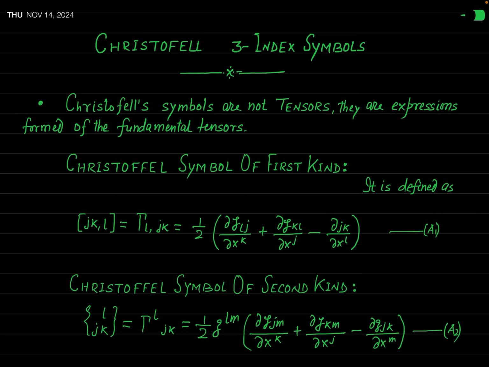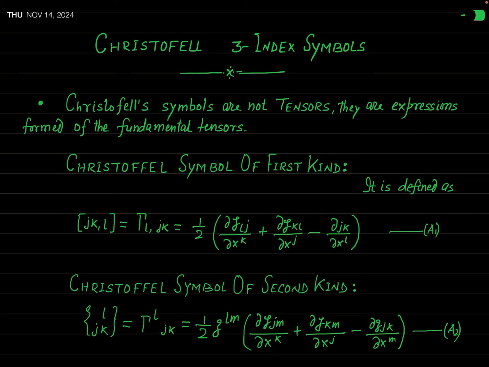But we need some more tensors for the study of general relativity. Some specific tensors like Christoffel symbol, like the idea of geodesic, the concept of Ricci tensor, Einstein tensor, energy momentum tensor. These are the tensors which we need to understand the concept of general relativity.